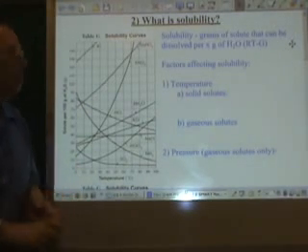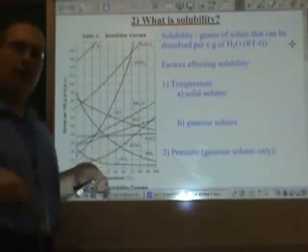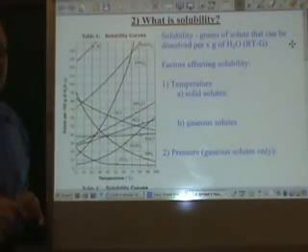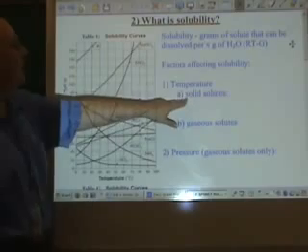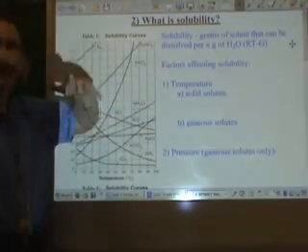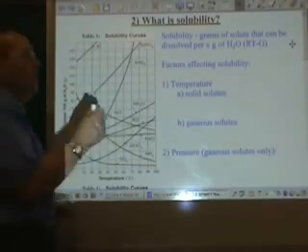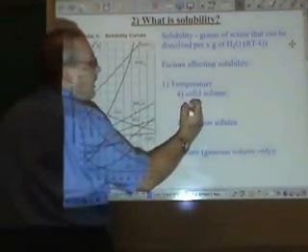Now, there are two things that we need to look at. Entropy being the most important. When you dissolve something in water, its entropy will either go up or down depending on what phase it is that you're dissolving. If you dissolve a solid into water, the solid becomes like a liquid when it dissolves. Therefore, its entropy increases. This is favored at high temperatures.